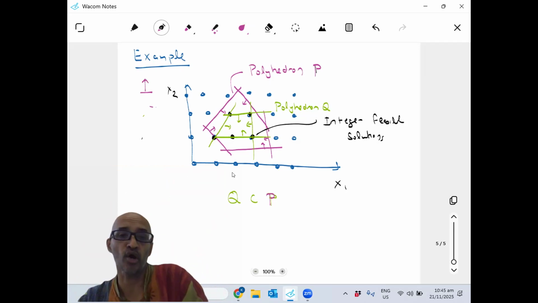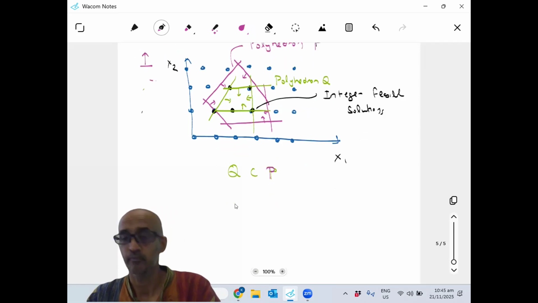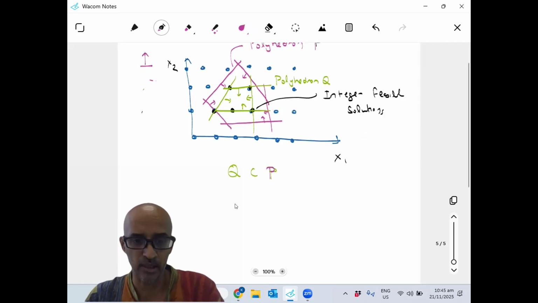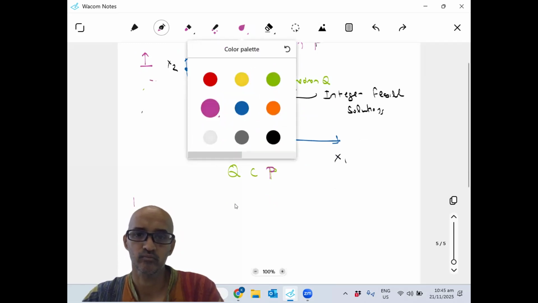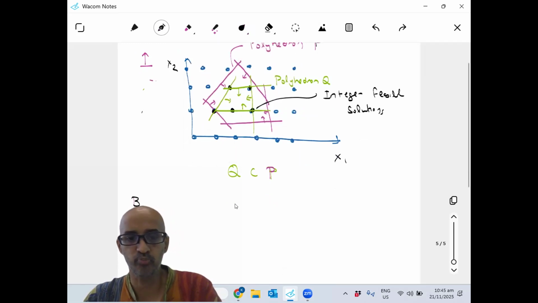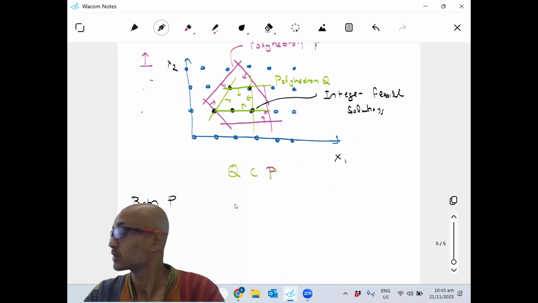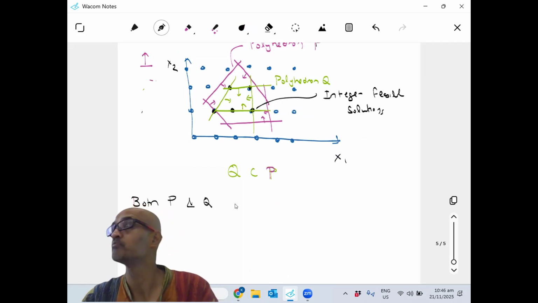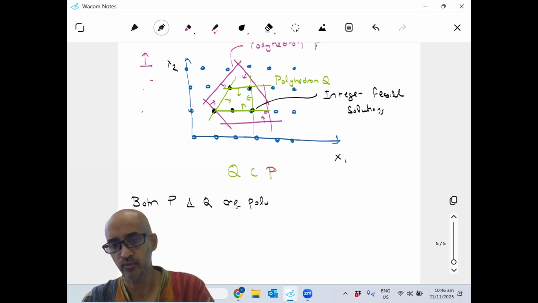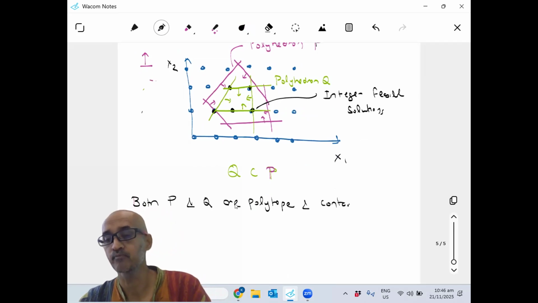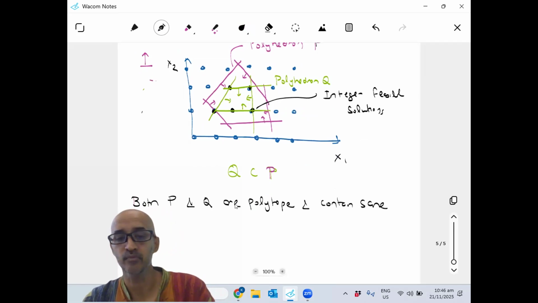How? So the point here is very simple. In this example, both P and Q are polyhedra, in fact polytopes, they're bounded, and contain the same integer feasible solutions.